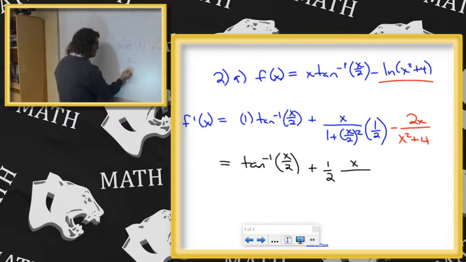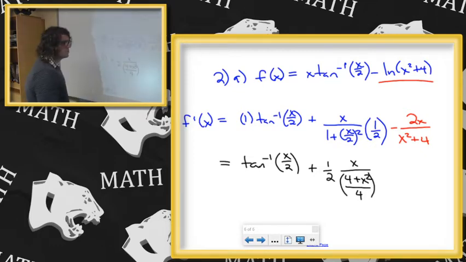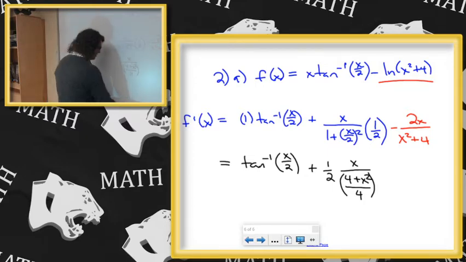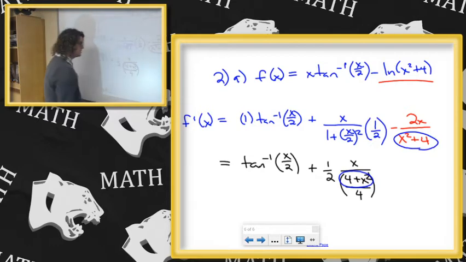So I'm going to say 4 plus x squared over 4 in the denominator. So I squared out the second part, and then I gave it a common denominator, so it's 4 over 4 plus x squared over 4, which gives me 4 plus x squared over 4, which is actually this part right here is the same thing as this part right here. So that's looking pretty good.